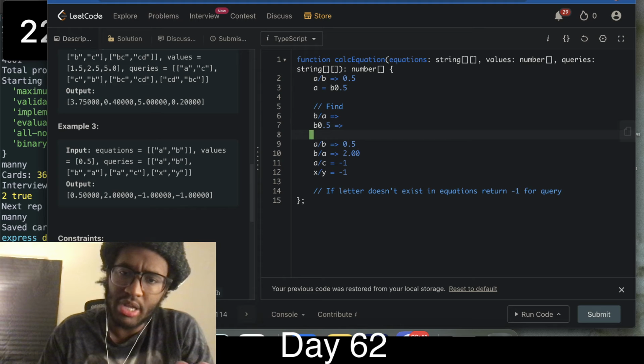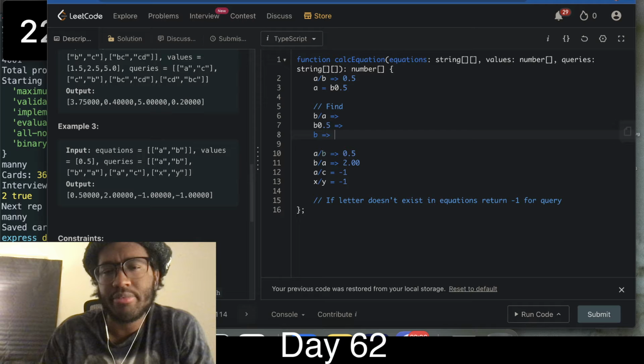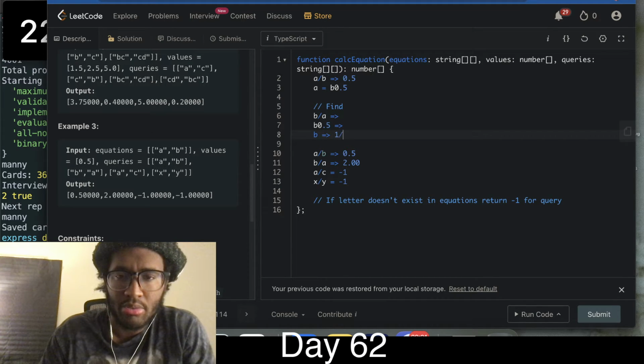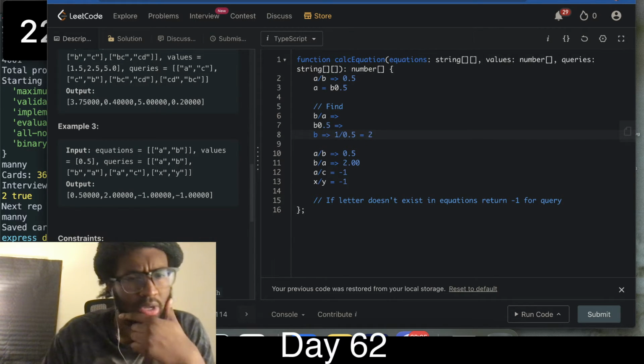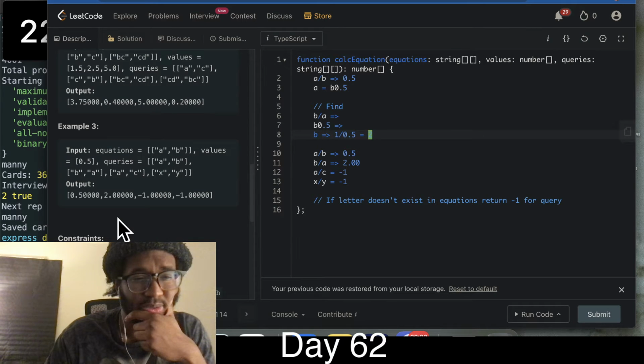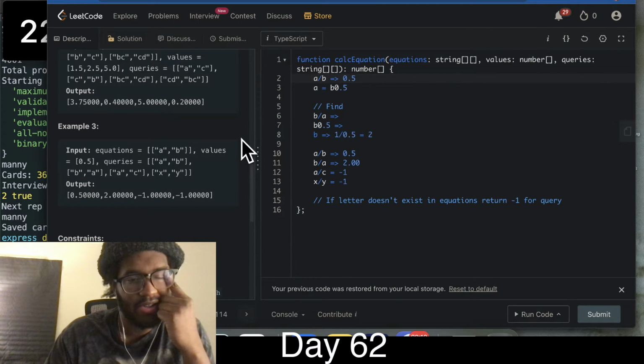We divided both sides by 0.5. One over 0.5, which would be equal to 2. So is B equal to 2? Let's say B is equal to 2, and A is equal to 1. 1 over 2 is 0.5. Okay, what about 2 over 1 is 2.